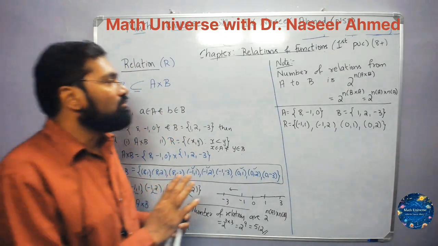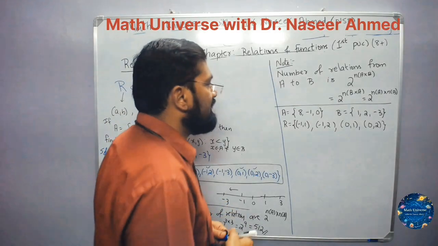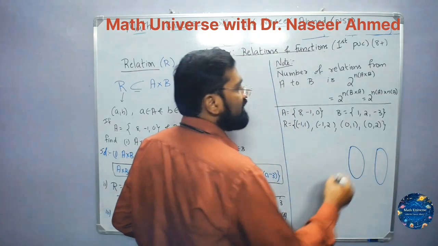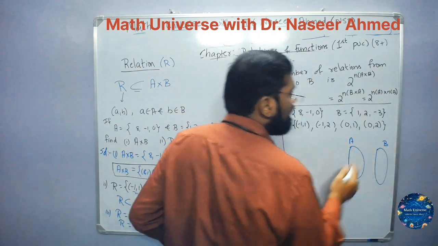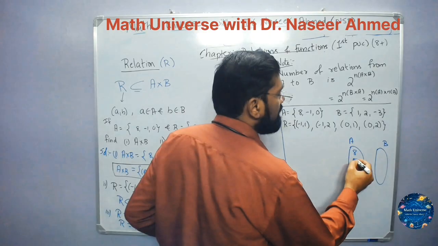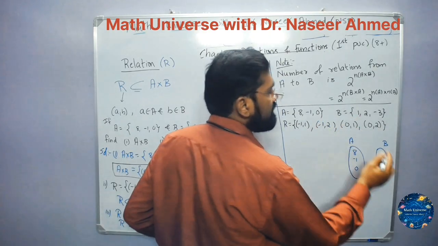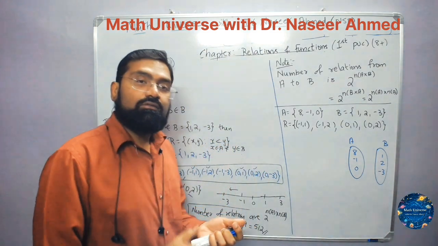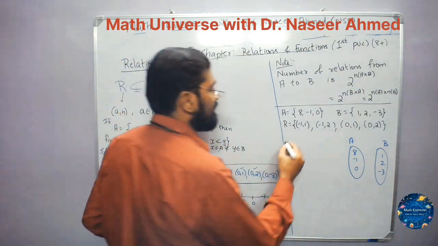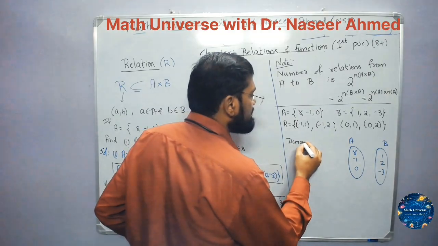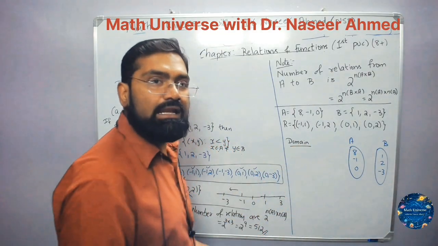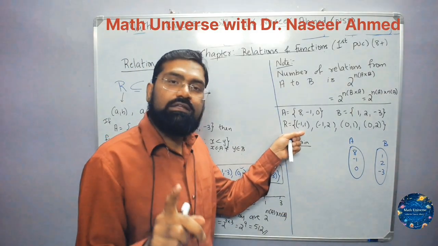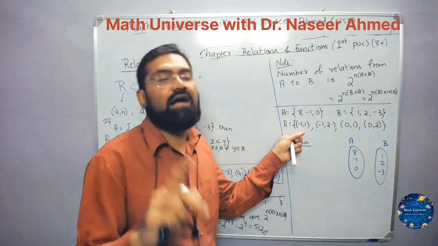For this, the best way to understand is the arrow diagram, which I call banana in our class. Set A and set B. What is set A? Elements 8, then -1, 0. What are the second set elements? 1, 2, -3. Now, domain. What is domain? I repeat, it is the set of all the first elements of the ordered pairs having an image.